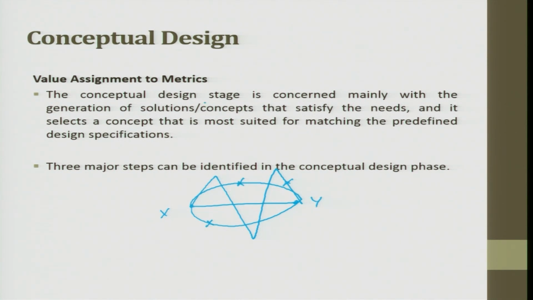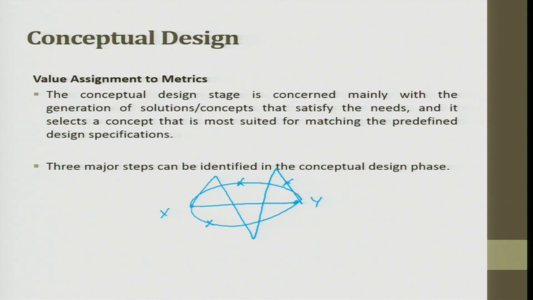Okay. So, the conceptual design stage is concerned mainly with the generation of solutions, let it be viable, not viable, we are least bothered, that satisfies the need, and it selects a concept that is most suitable for matching the predefined design specification.